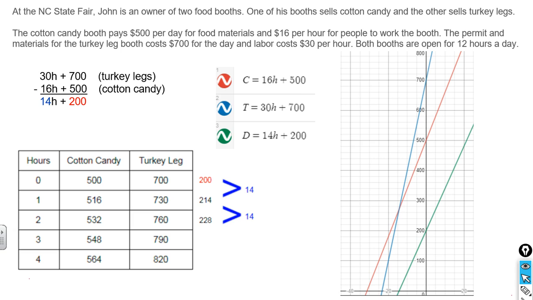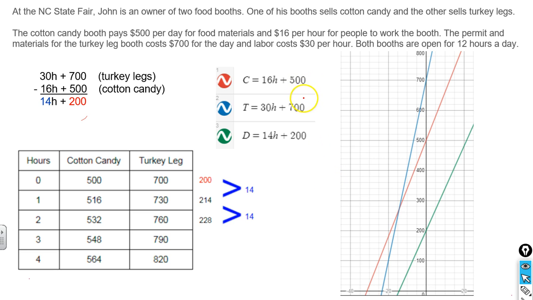And so if we look at this graphically, we can see, again, we have the blue line, which represents the turkey leg booth, and then we have the red line, which represents the cotton candy booth. And then now we've included this green line, which is the expression that we got, that is the difference of these first two original equations.